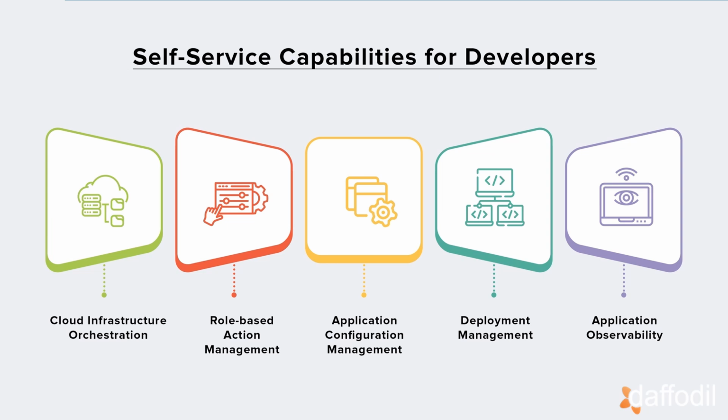An internal developer platform should be built to eventually cover these core self-service capabilities: cloud infrastructure orchestration, role-based access management, application configuration management, deployment management, plus environment management, and application observability to enable that goal.